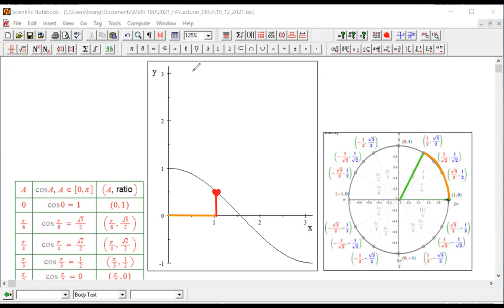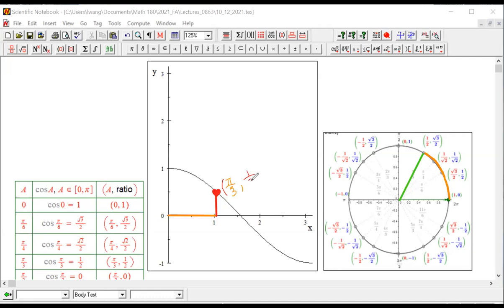So the input is angle, which is pi over 3. That pi over 3 is the arc length, because that's the way we graphed it. And the red number half, this is the correspondence.